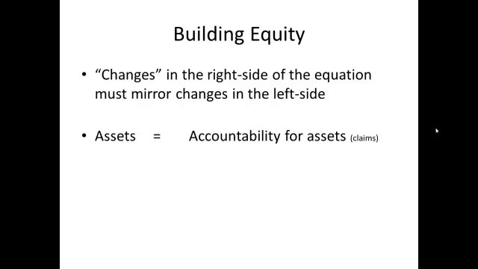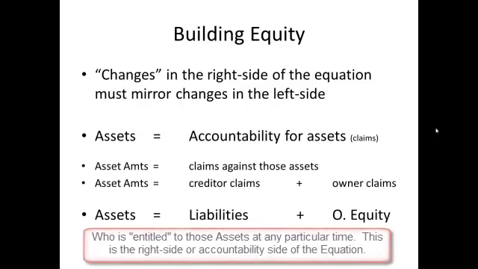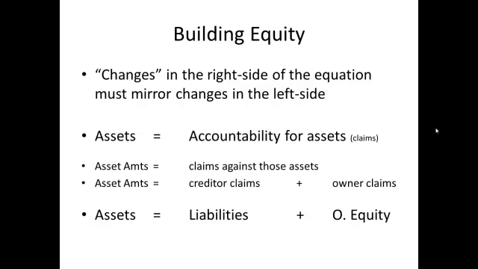Our basic equation, assets, and the accountability for assets, claims on the right-hand side. Asset amounts either represent creditor claims, called liabilities, or owner claims, called owner equity. If you can understand the changes to owner equity out of Chapter 1, you'll learn a very valuable lesson for this chapter.